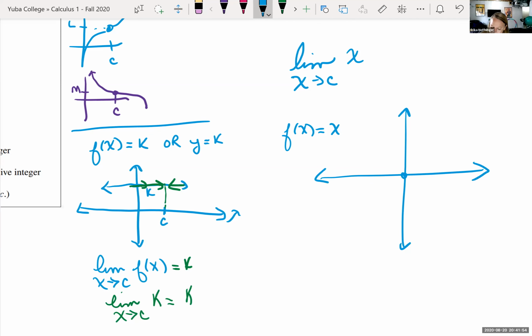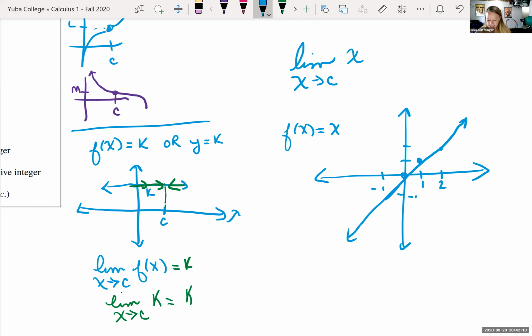Basically, any x value I have, I'm going to get the same y value. I plug in 1 here, I get 1; 2, 2; -1, -1.